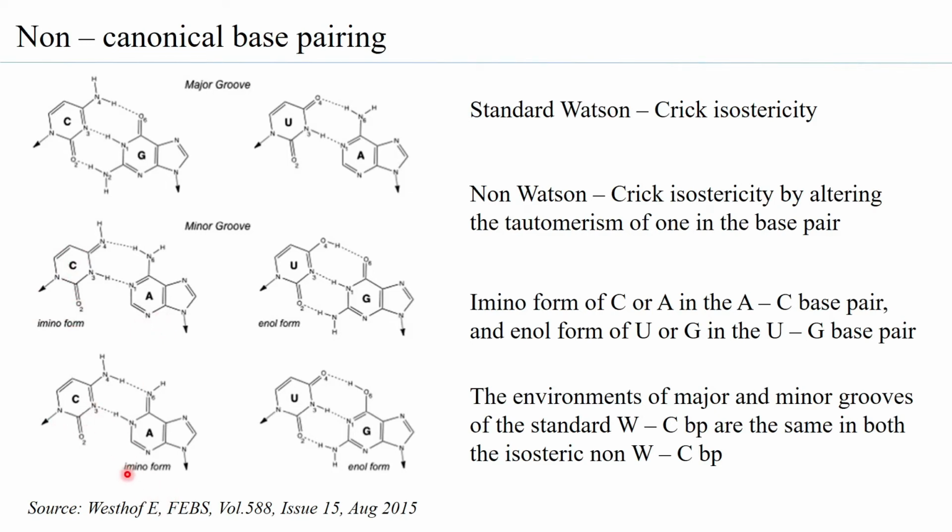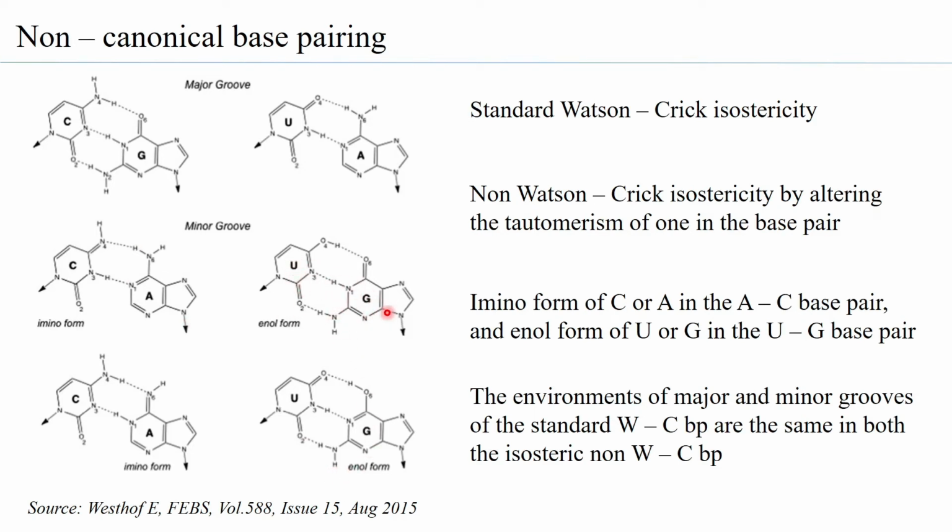You see the same over here. If this A would have been present in the amino form itself, then it would not have formed an isosteric configuration. But because one of them has changed its isomerism, you can see that it is existing in its isosteric form. Same goes with U and G.